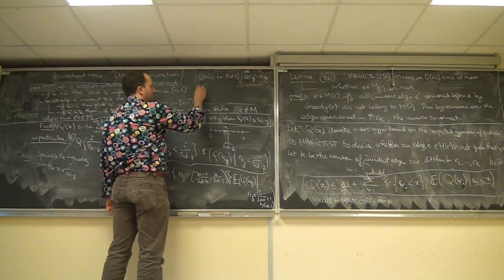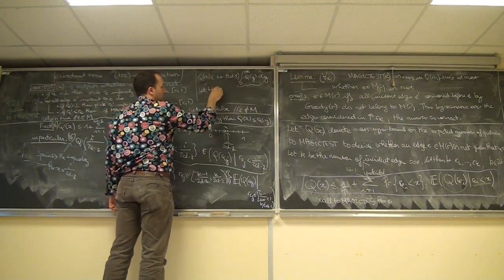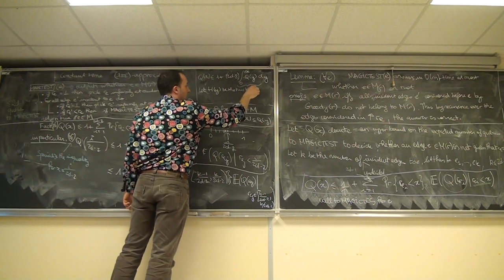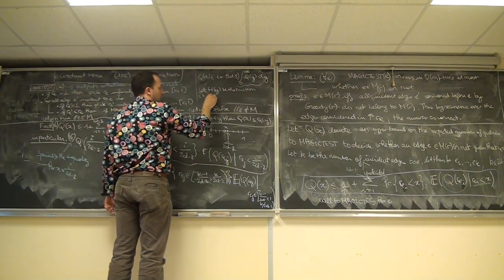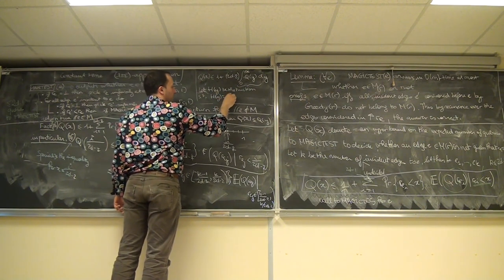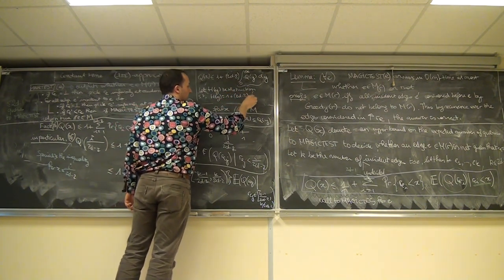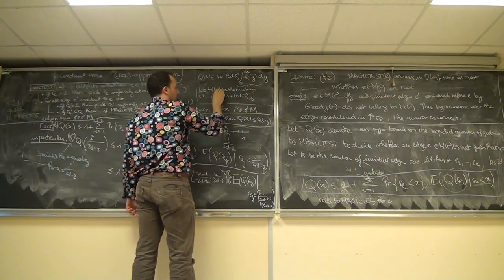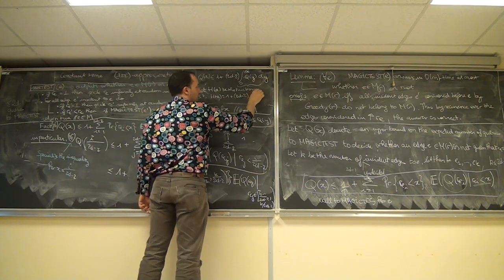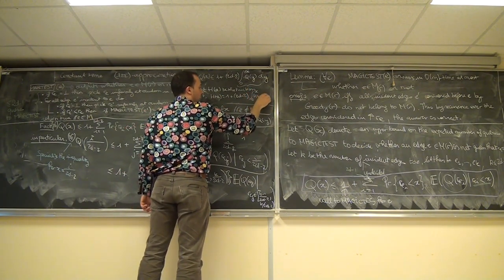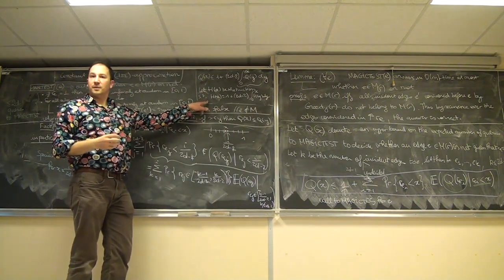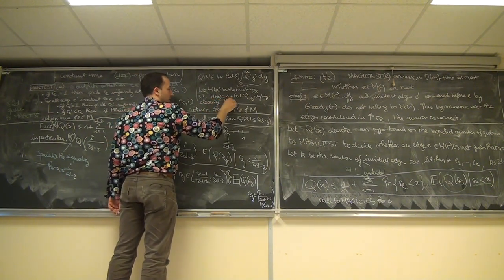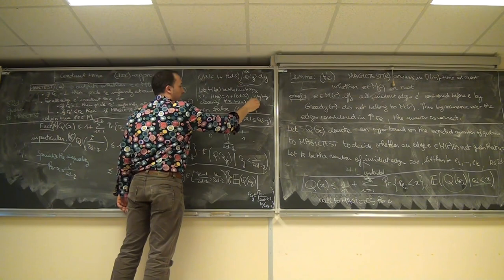So now, let h be the function such that h of x equals 1 plus 2d minus 2 times the integral from 0 to x of h of y dy. So now I replace by equality. Clearly, for all x, h of x is larger than Q of x.